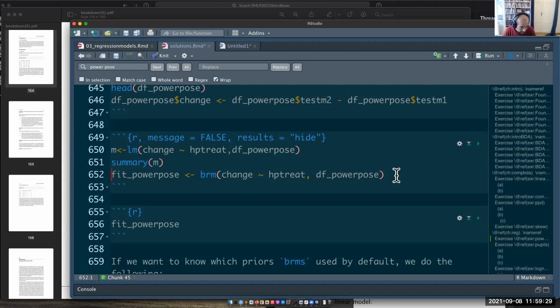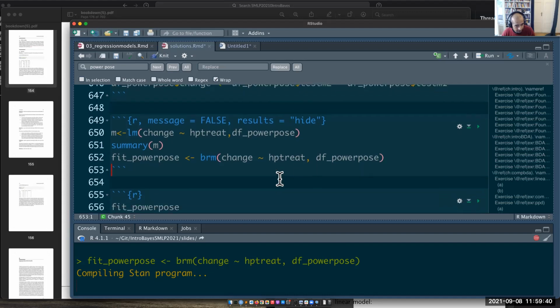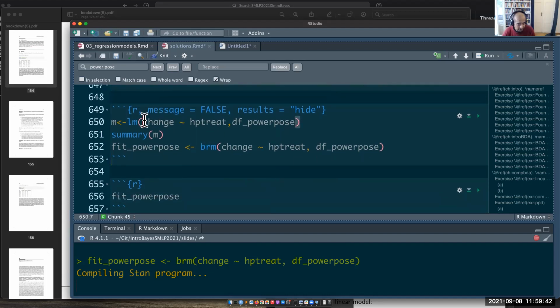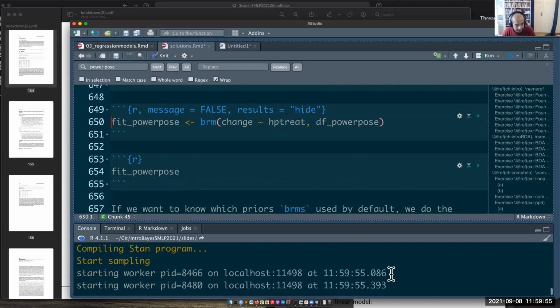So let me try this. When I run this model, it's got some implicit priors and implicit settings that will set up all the relevant priors. But whether they make sense or not, we don't know. We are just leaving it to the software, just like in the old days with the frequentist paradigm, to figure out whether this is a sensible model or not.